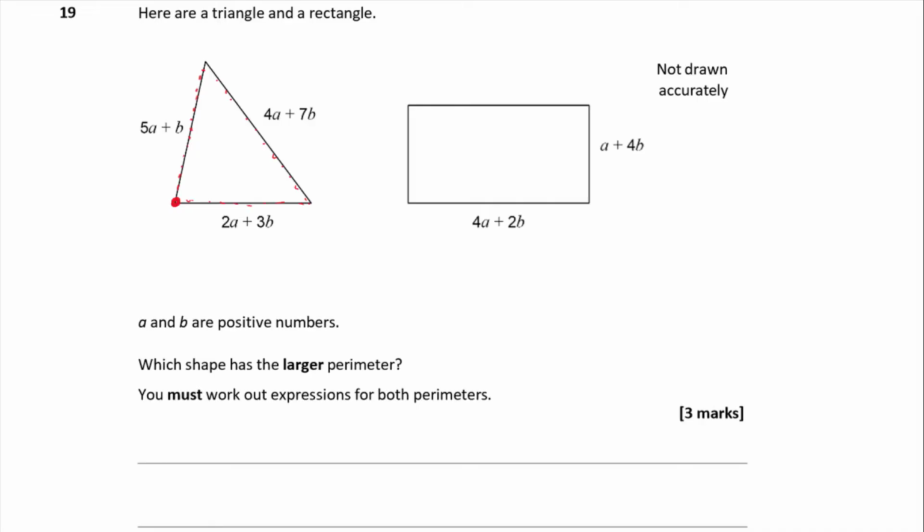So my perimeter for this shape is going to be this side here, 5a plus b, and then plus this side here, which is 4a plus 7b, and then this side here, which is 2a plus 3b.